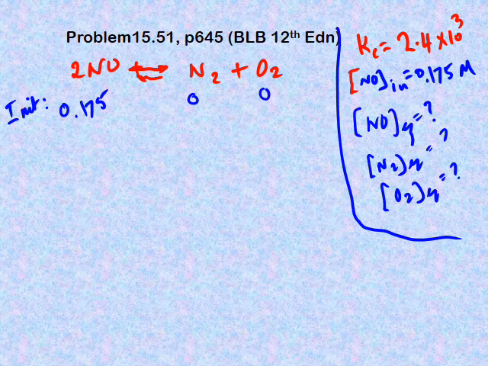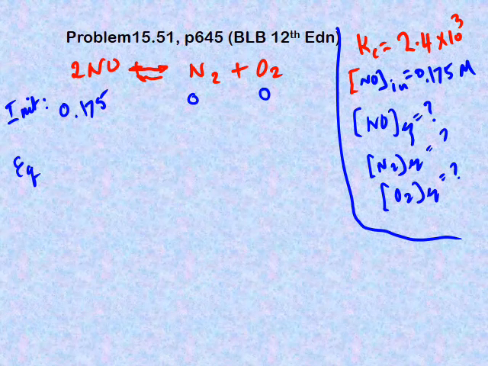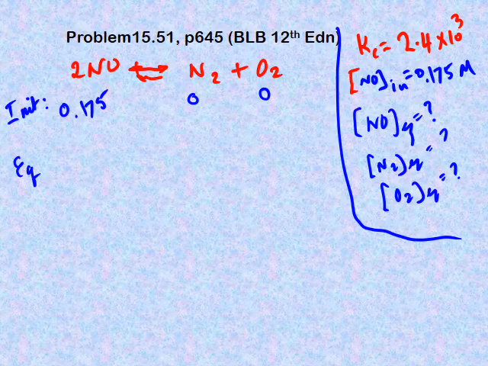Otherwise they would have told you how much nitrogen was there when you allowed NO to react. In order to reach equilibrium, a part of NO has to react. So it's going to form some products, and finally the forward reaction rate would be equal to the reverse reaction rate.